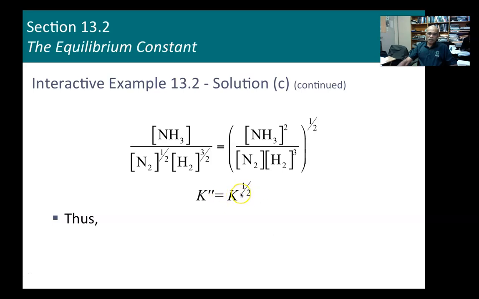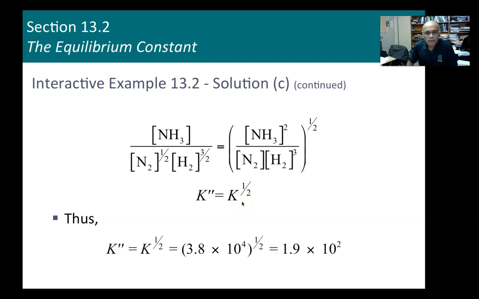You will be able to apply it in this form. K double prime is going to be K raised to the power of the coefficient or the factor that you are multiplying the equilibrium with. So that will be the value of the equilibrium constant.